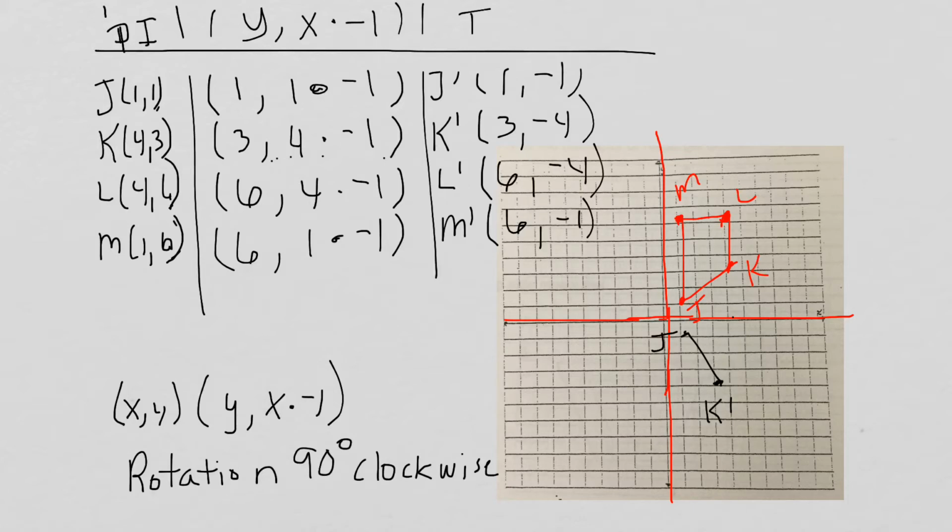And then 6, -4, 1, 2, 3, 4, 5, 6, -4 is going to give us our L prime. And then M prime is 6, I'm sorry, 6, -1. And that's going to be our M prime. And we'll connect our dots and we'll notice that it's a 90-degree rotation.